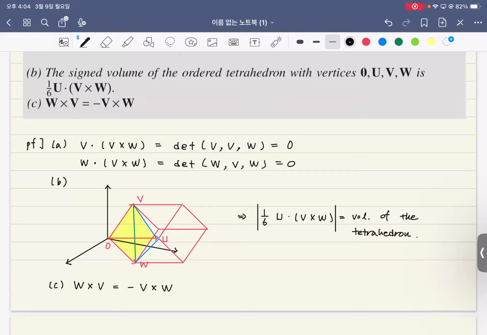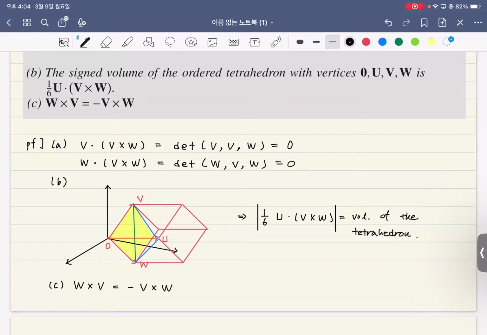Do you remember the notion of the signed volume of the parallelepiped? Remember, U, V, W was defined to be the so-called signed volume of the parallelepiped generated by U, V, W, right? What do I mean by volume is signed?